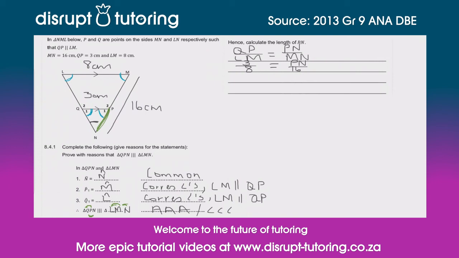And what we would do is we would times both sides by 16. Okay, so to cancel out that side, we would times by 16. But because it is an equation, we need to do the same thing on the other side. So it would be 16 times 3 divided by 8. And that's going to give us an answer of 6 centimeters is equal to PN. And that is the final answer.